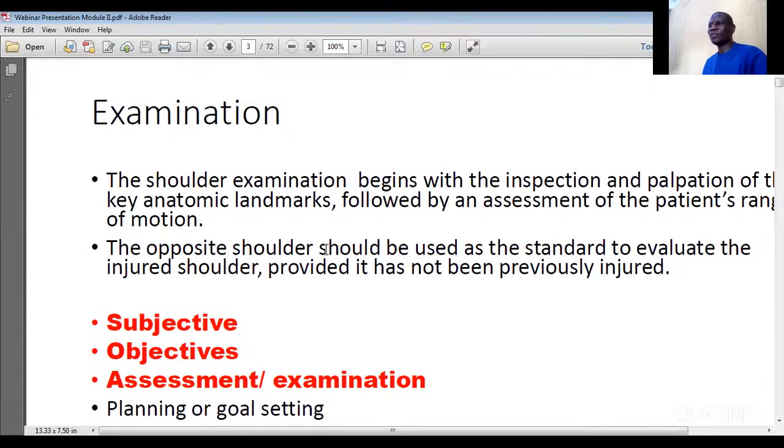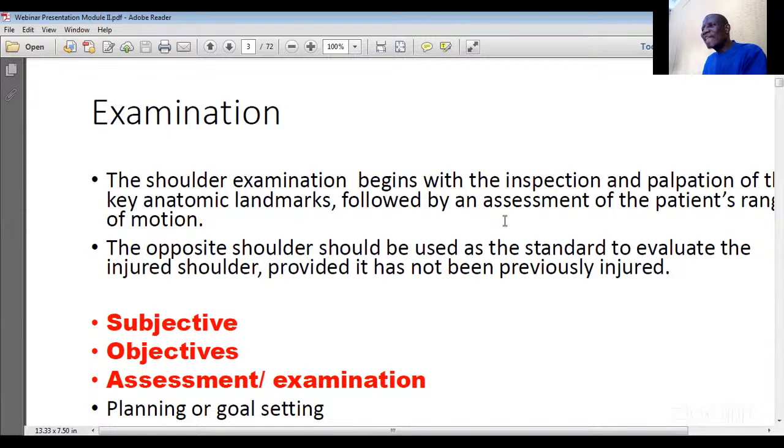Yes. The shoulder examination begins with history, not with inspection alone. Begin with history, right? After then, you have to inspect the joint. You have to palpate it, right?